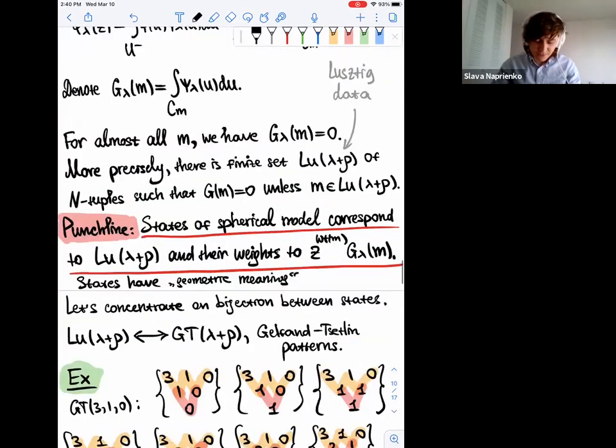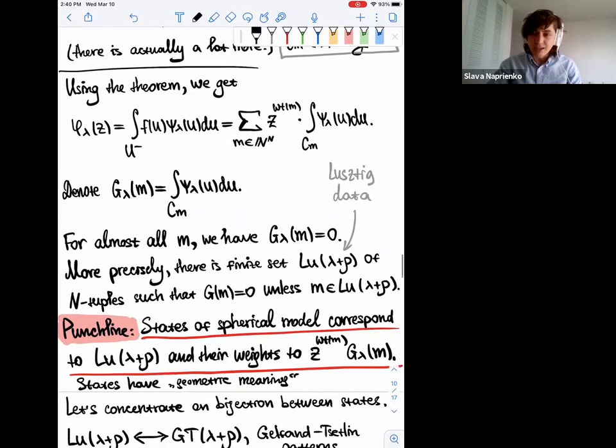Yeah, thank you. This is something that I'm not talking about that much. I decided to concentrate on the bijection rather than on the weights, because bijections seem to be easier to show, and the weights are going to be slightly more technical. But the punchline is these weights are actually the product over the positive roots of more elementary weights corresponding to each root. But now we have the natural parameterization of these roots.